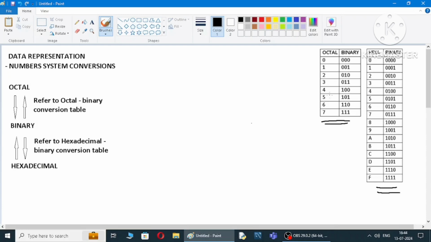Now how to write this tabular column? The first one involves the octal to binary conversion table. First, write the octal numbers 0, 1, 2, 3, 4, 5, 6, 7, eight octal numbers. Now you have to write the binary equivalent of these.